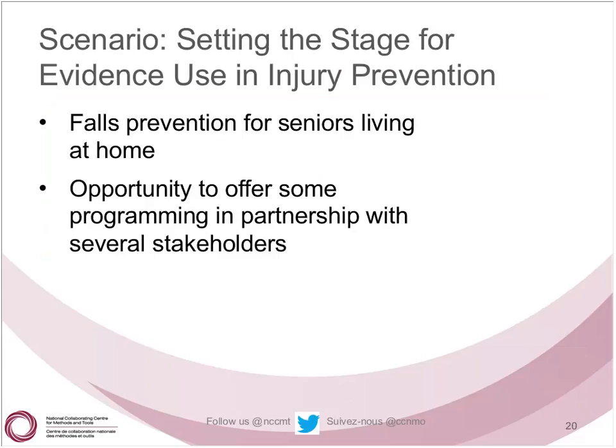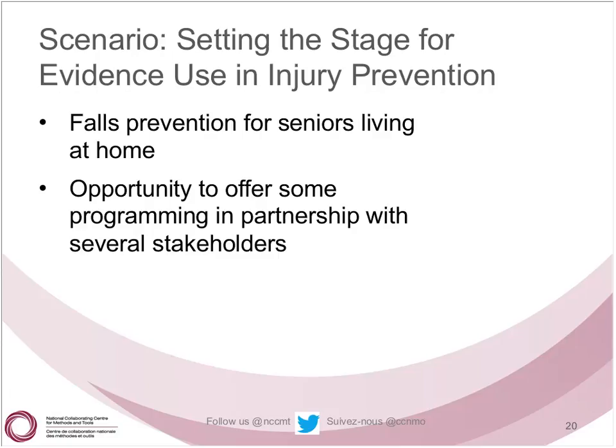So let's say that your intent is to do some work in falls prevention for seniors living at home, and perhaps there's an opportunity to offer some programming in partnership with several stakeholders. So sometimes things just come up, right? There's a funding stream, or someone contacts you to say, hey, could we do something together?